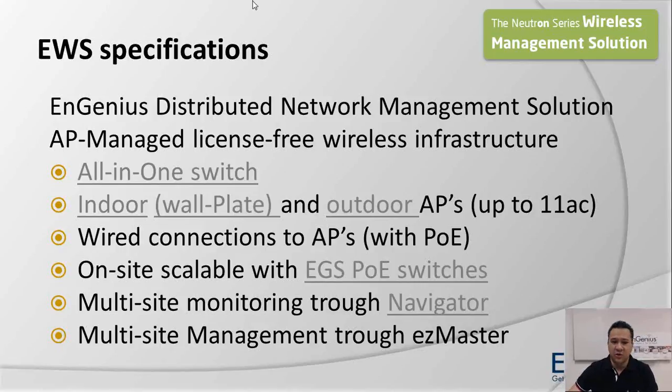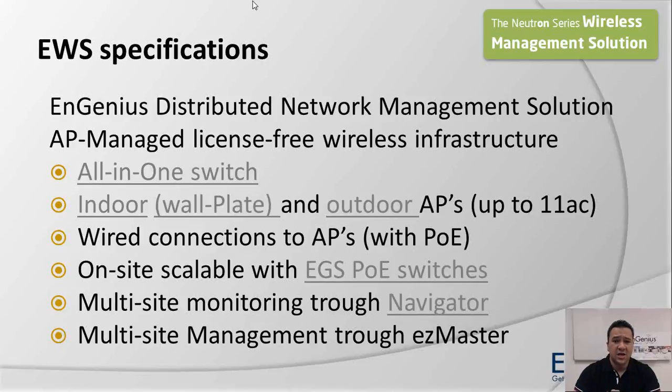You can scale our deployment in combination with up to 20 or 50 managed access points and EGS PoE switches. When you use our EGS PoE switches, these switches will be recognized by the Neutron management switches, and you can monitor port status as well.